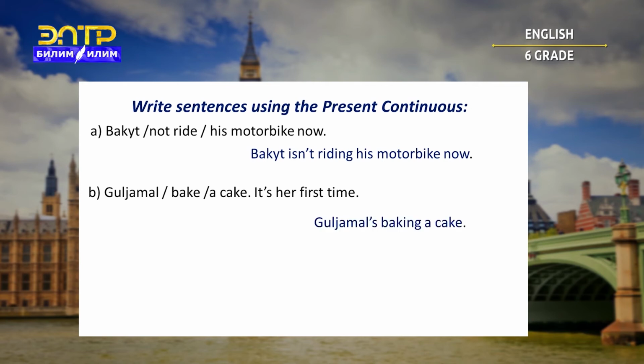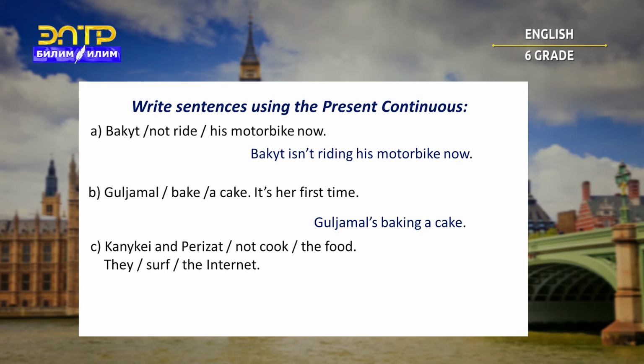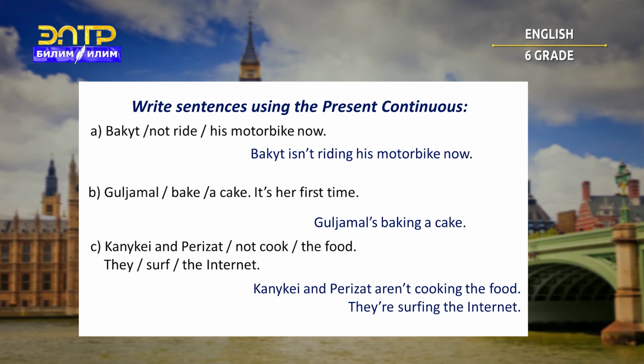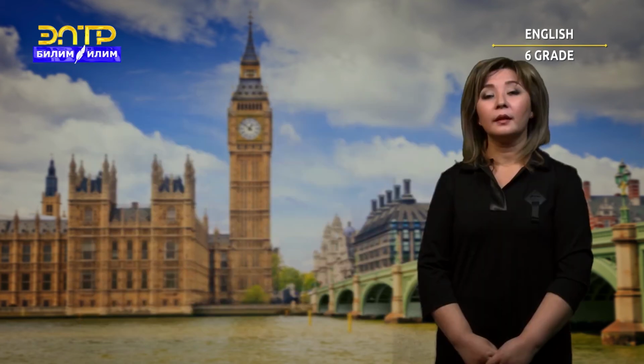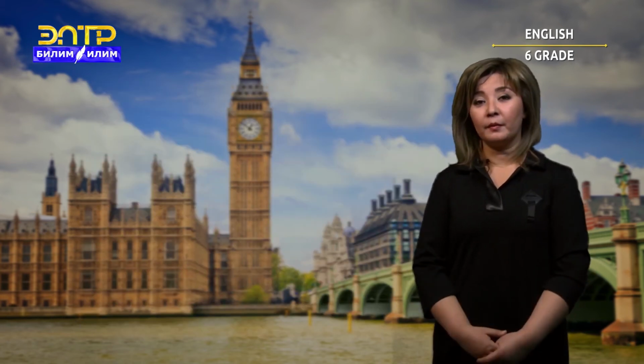Gul Jamal's baking a cake. C. Kaneke and Perizat not cook the food. They surf the internet. The correct answer: Kaneke and Perizat aren't cooking the food. They're surfing the internet.